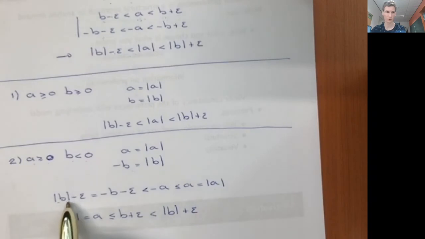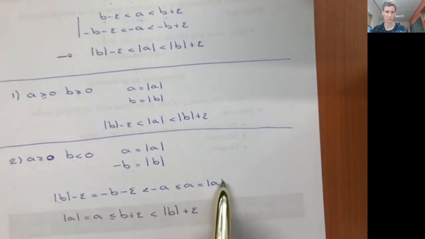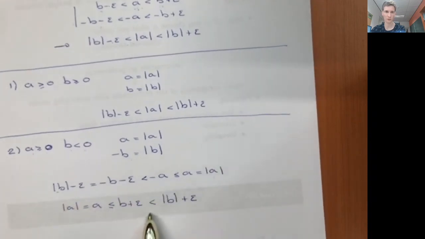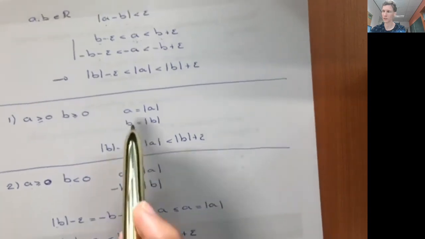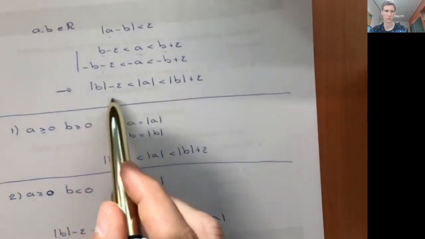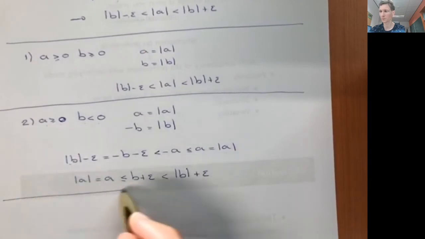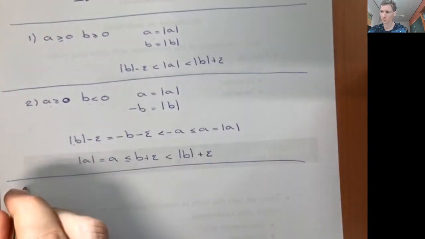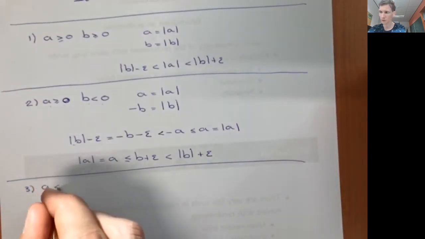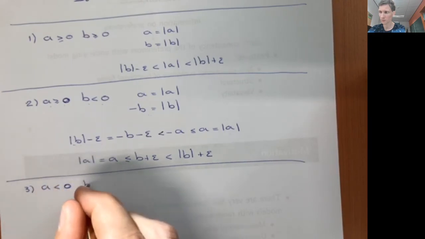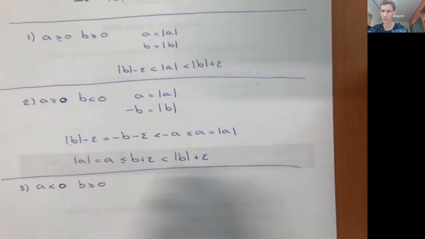So we have that b minus epsilon is smaller than the absolute value of a, and we have that a is smaller than the absolute value of b plus epsilon. So we have what we wanted to show. So that's case 2. In case 3, a is negative and b is greater or equal to 0.